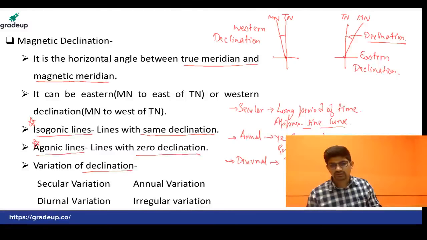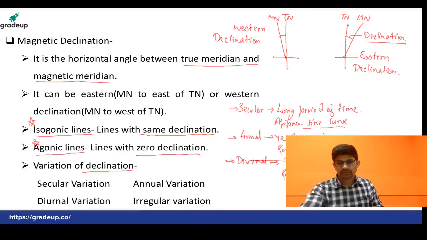Diurnal is daily variation, that is 24 hours, and it occurs due to the rotation of earth about its own axis. Diurnal is not visible to you, so I'll write it again.